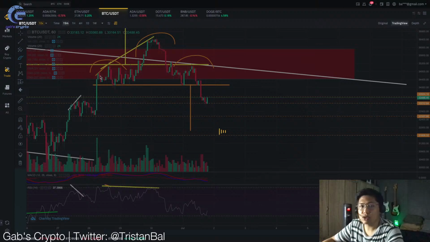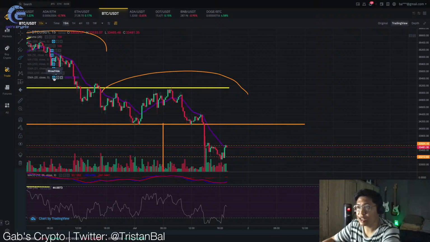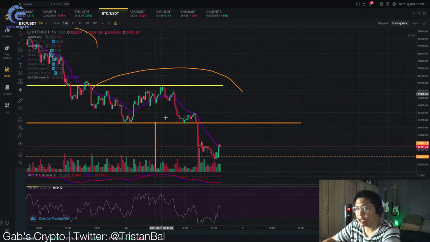So, in the 15-minute time frame, what we're going to follow is this 20 moving exponential average. So, makikita mo na itong 20 EMA is actually playing around.